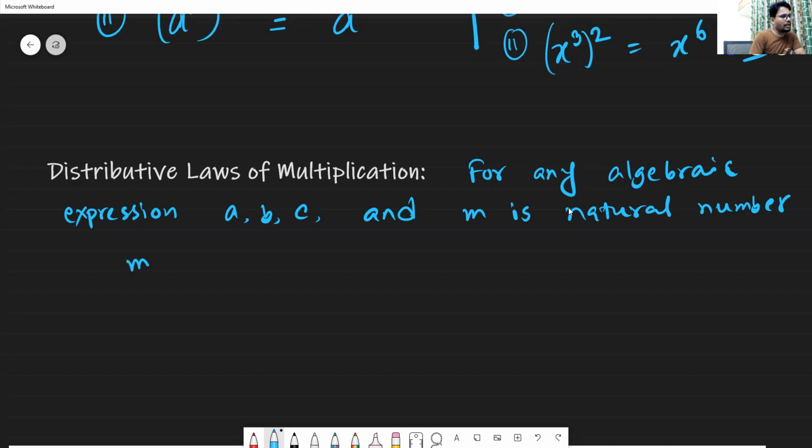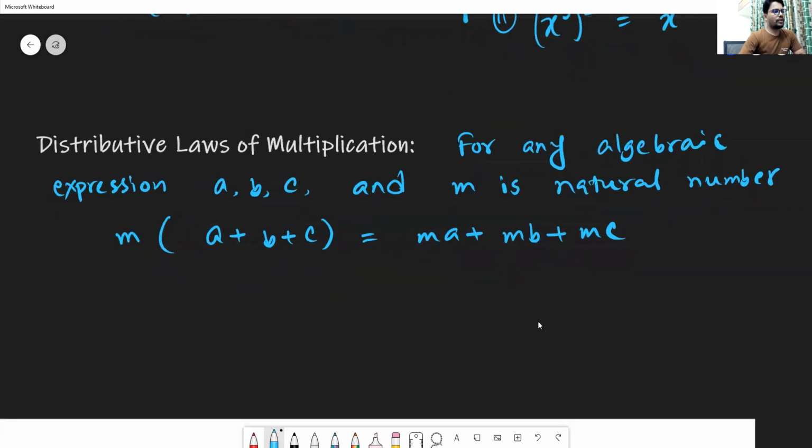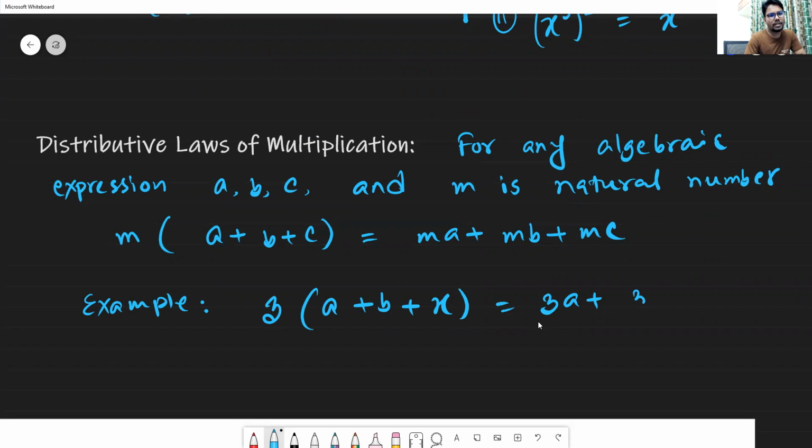So here m multiplied with A plus B plus C, and this one will be mA plus mB plus mC. This is the formula of the distributive laws of multiplication. So if we give one example here, example like 3 multiplied by A plus B plus X. So here we can write 3 times A plus 3 times B plus 3 times X.